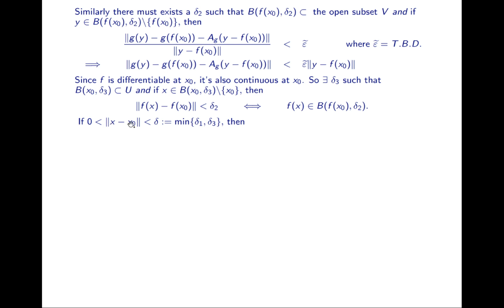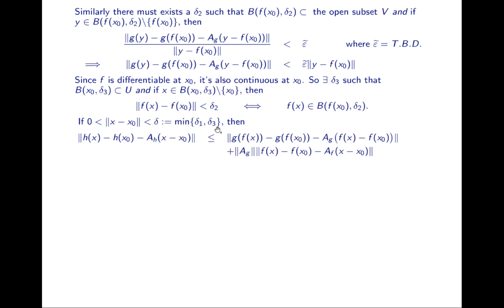So if x minus x naught is small enough that this is assured, and the epsilon over 2 times the norm of A_g plus 1 is also assured, which means this difference has to be less than delta 1 and delta 3, which is why delta is defined to be whichever of these is smallest. Then, let's recall I've bounded this numerator by this plus this.